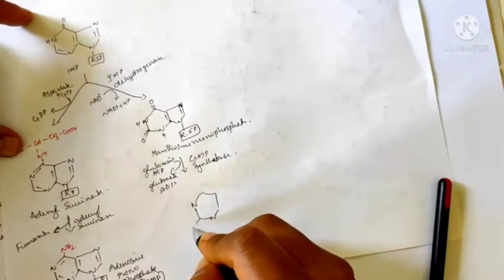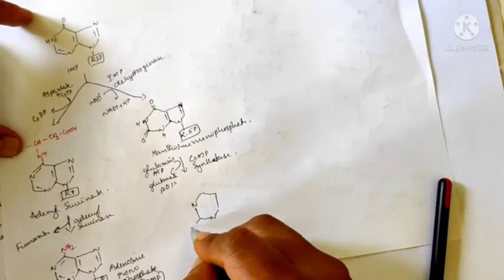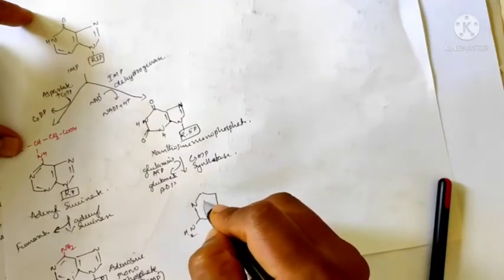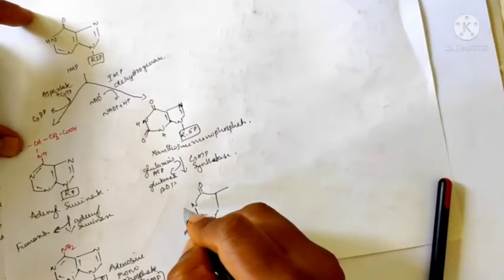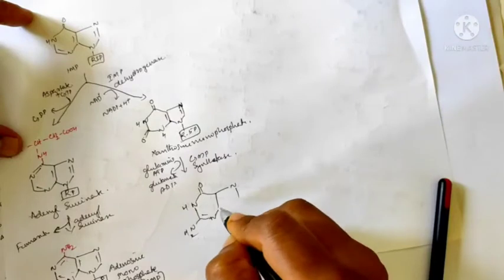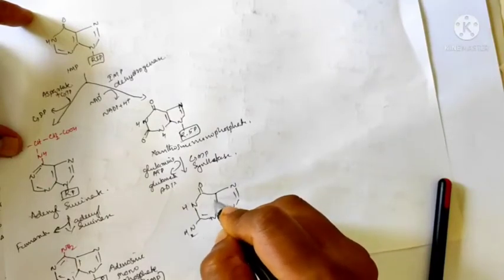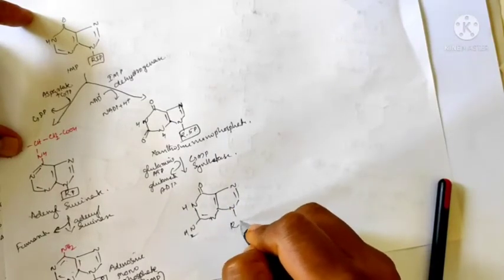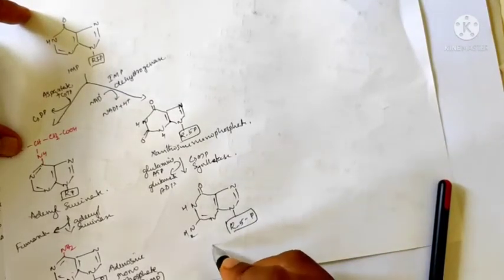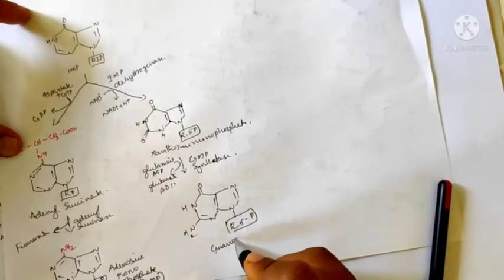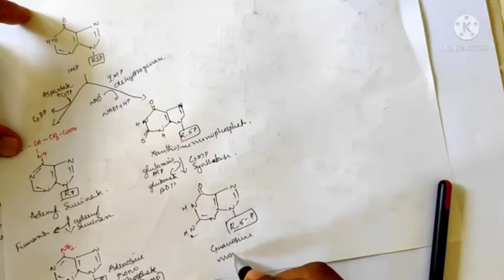At the second position, the carbonyl oxygen is removed and replaced by an NH2 group. Ribose 5-phosphate. This is guanosine monophosphate.